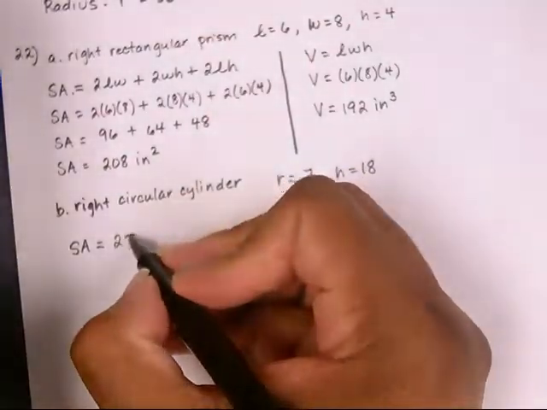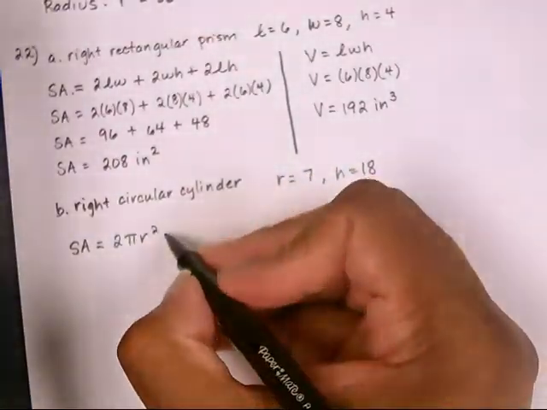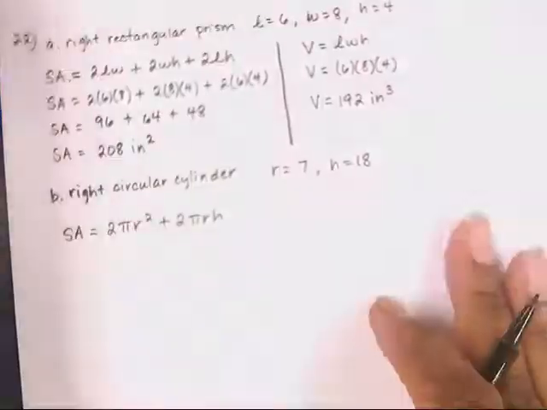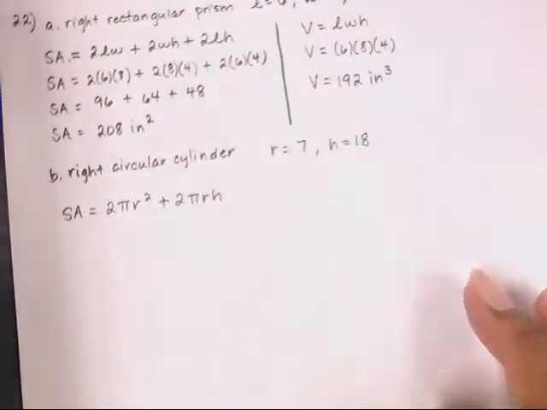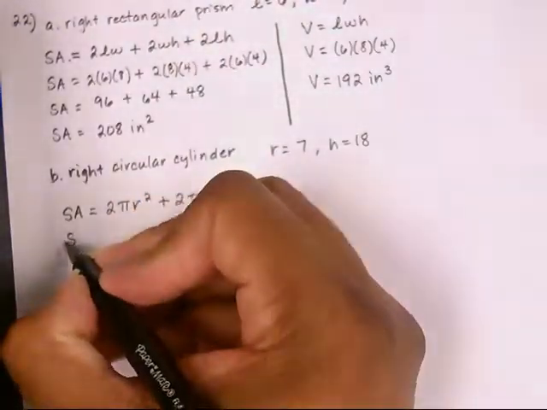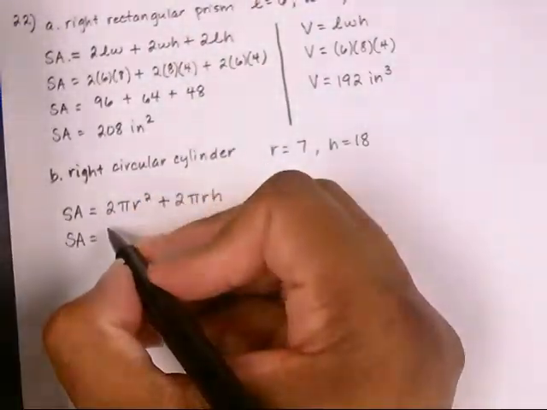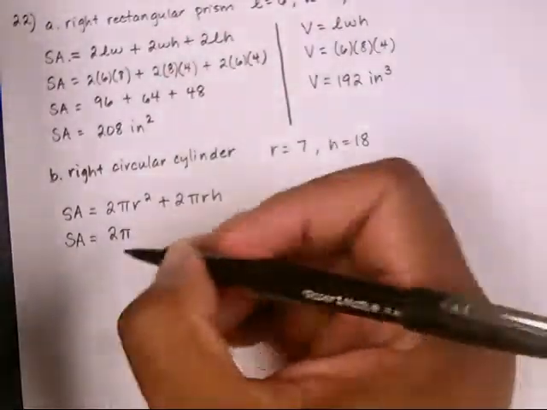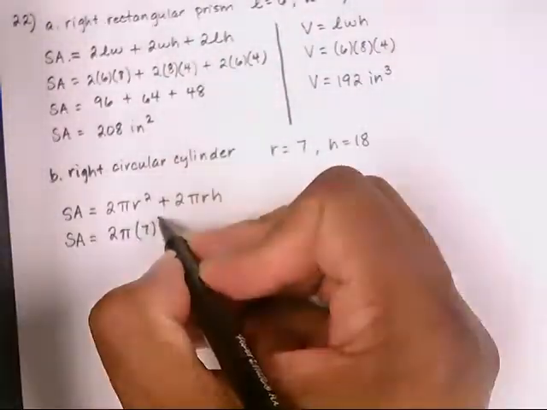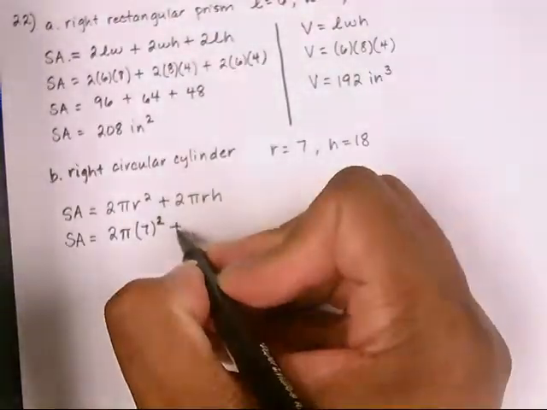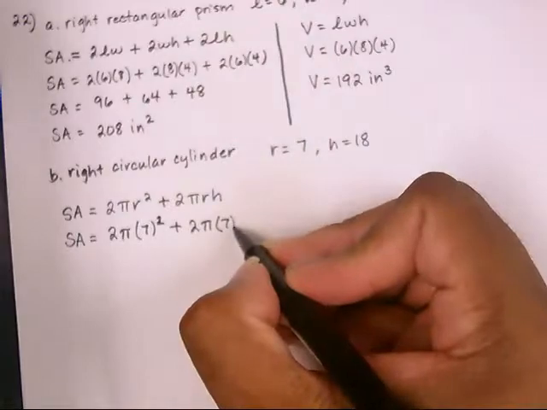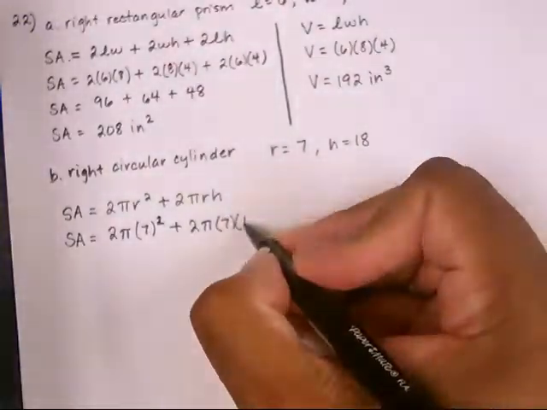That formula is, of course, 2 pi r squared plus 2 pi r times h. So this will be 2 pi times, the radius is 7, so it'll be 7 squared, plus 2 pi times r, which is 7, times the height h, which is 18.